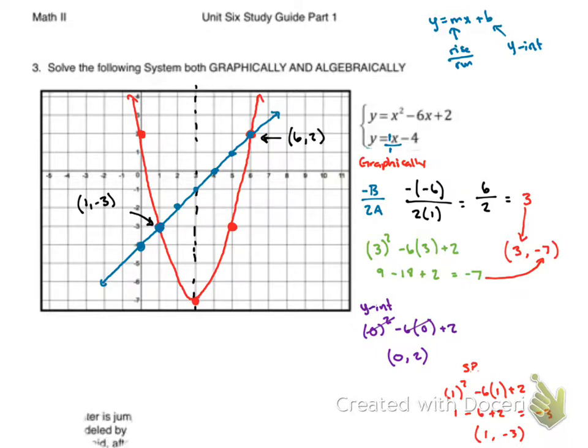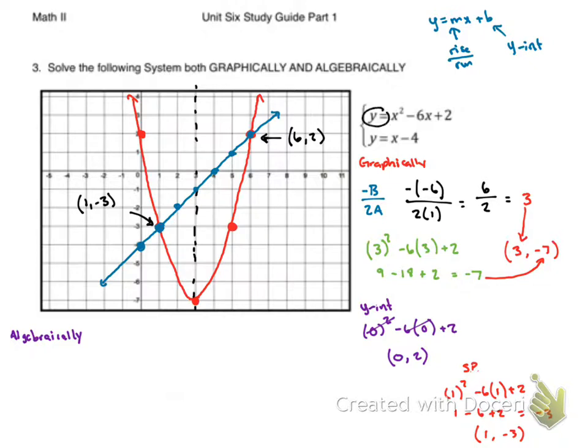Okay. Now performing this algebraically, I'll go ahead and do it here. Algebraically is not going to require graphing, it's going to require us to follow the PEMDAS rules to solve it.